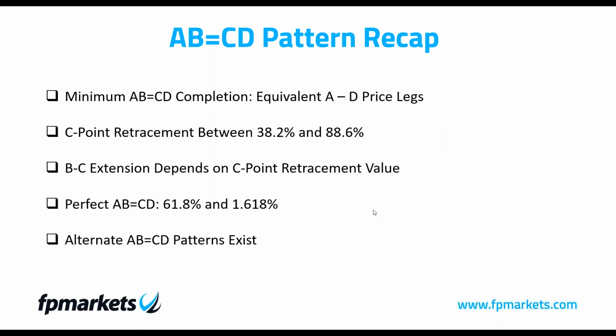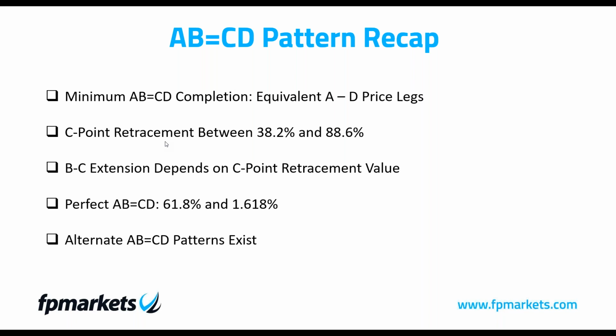So, an AB equals CD recap. The minimum AB equals CD completion is simply equivalent A to D price legs, so A to B, C to D. In the traditional AB equals CD, the C point retracement is between 38.2% and 88.6%. The BC extension depends on the C point retracement value.